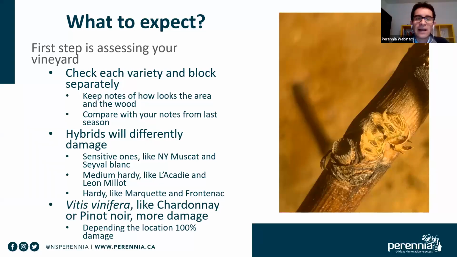And then the hardy ones like Marquette or Frontenac, which will be able to carry some more fruit, or actually, since we cannot talk about fruit yet, will have more bud viability. In the case of Vitis vinifera, like Chardonnay or Pinot Noir, they have more damage, and depending on the location, you can see even 100% damage. Okay, I don't want to discourage you, just look carefully and objectively at the conditions.